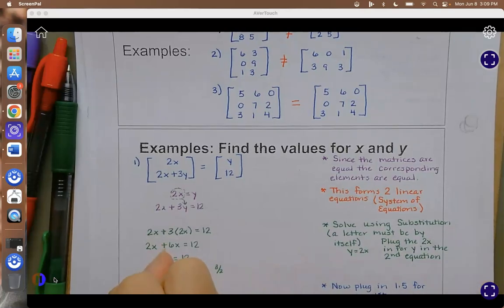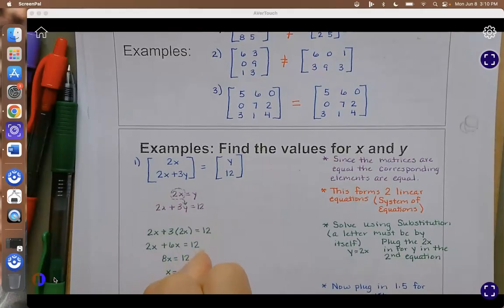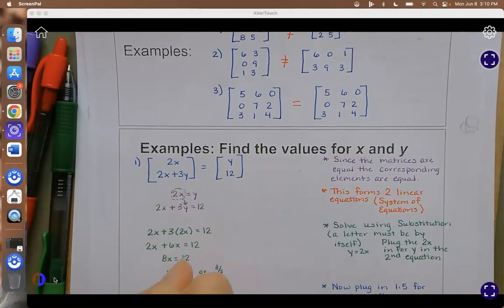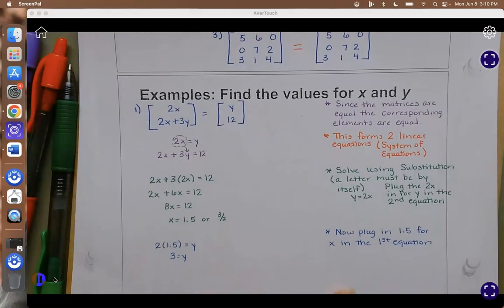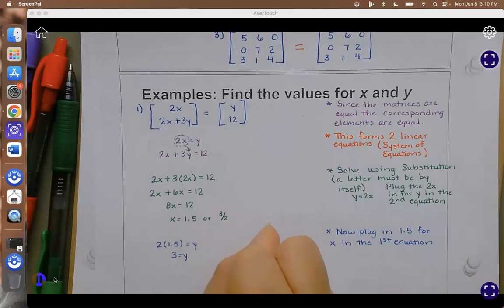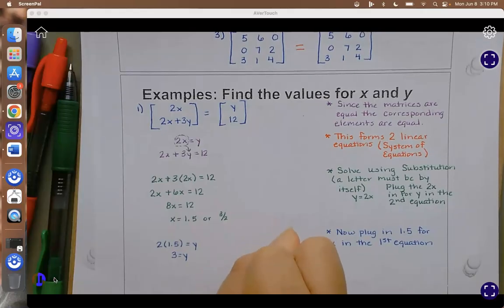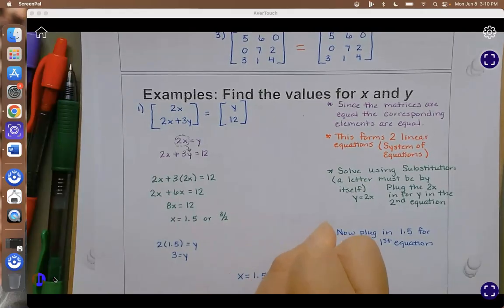So we're going to do 2 times 1.5 equals y. Okay, so 2 times 1.5 is 3. So now we know that x is 1.5 and y is 3.